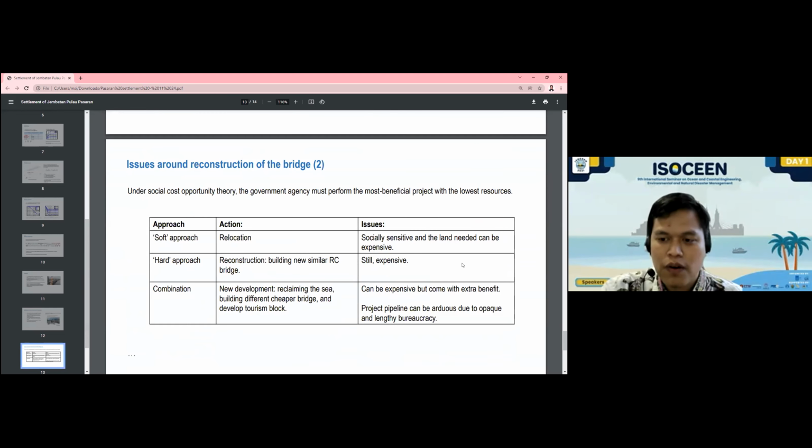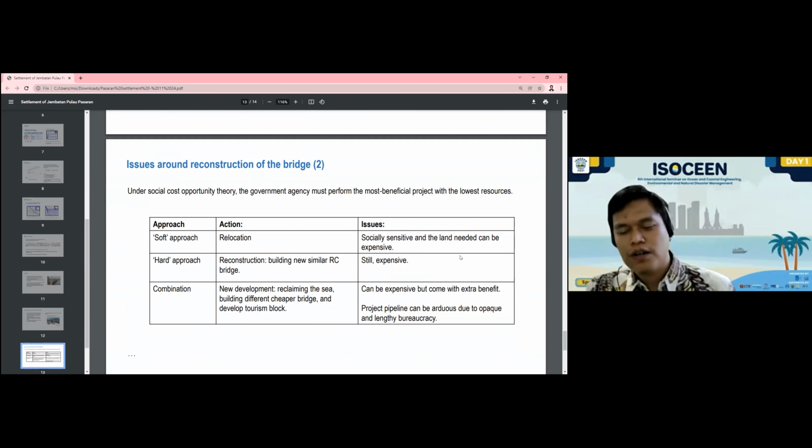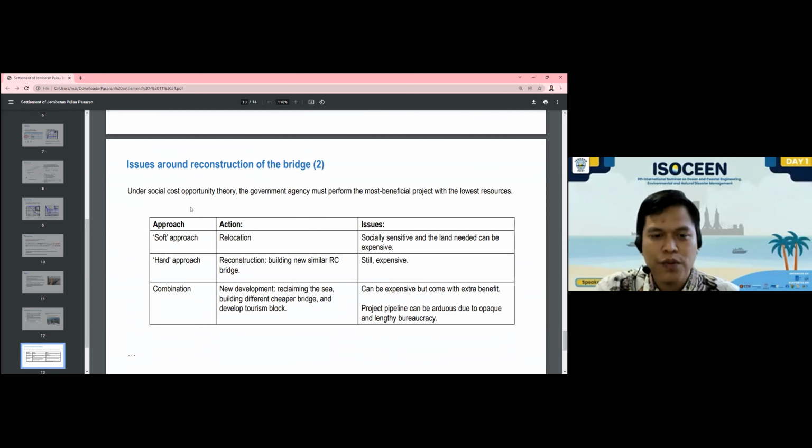And for simplification, we can make some metrics, as we can see on this screen. We will formulate many approaches, many solutions corresponding to the problem of Pulau Pasaran Bridge.